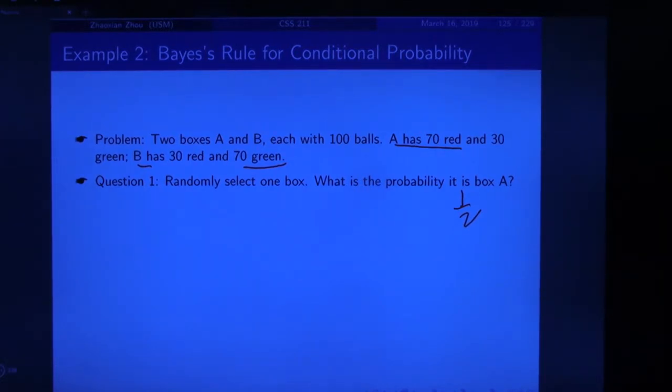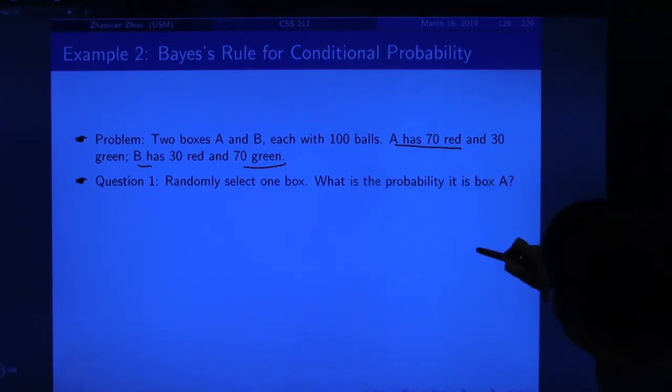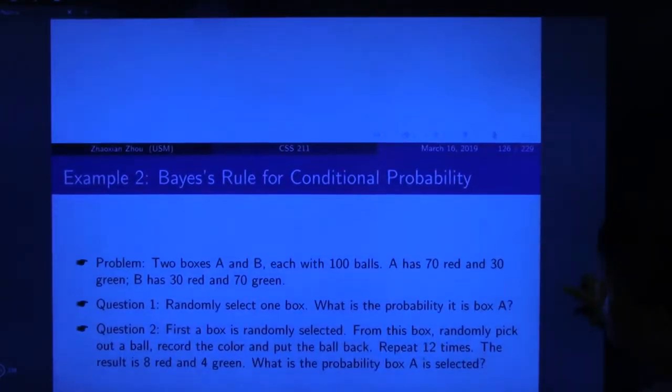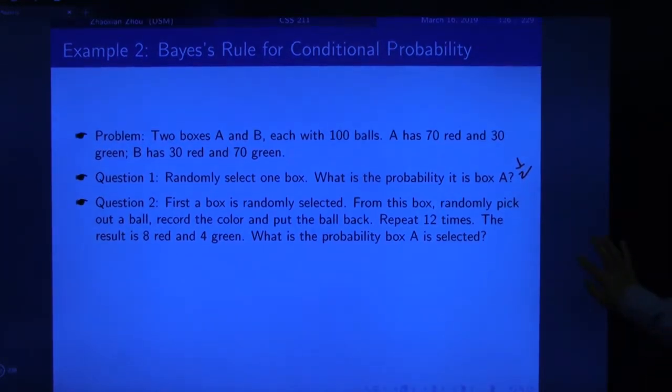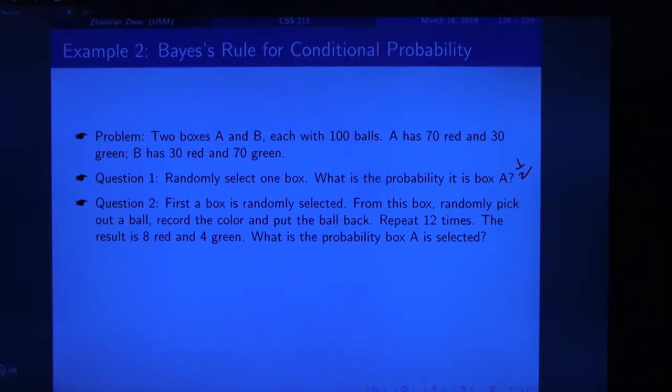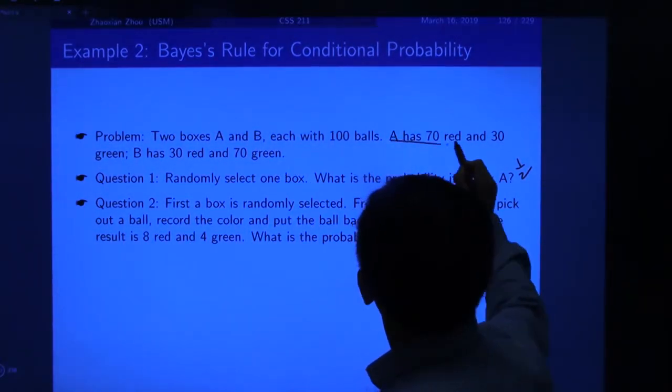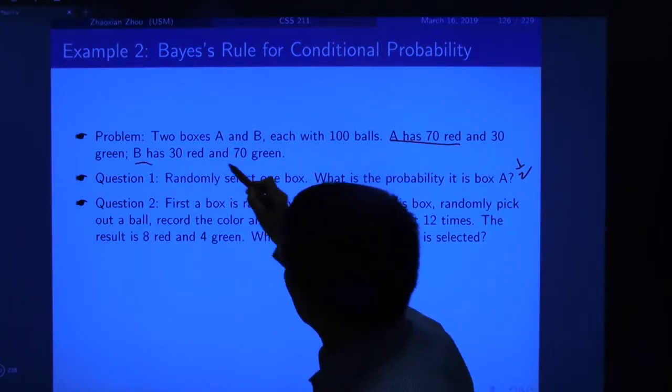There's no big deal for this, everybody can figure this out. Now the interesting part is the next question. So this is 50%. First, you randomly select a box, either A with more red or B with more green.